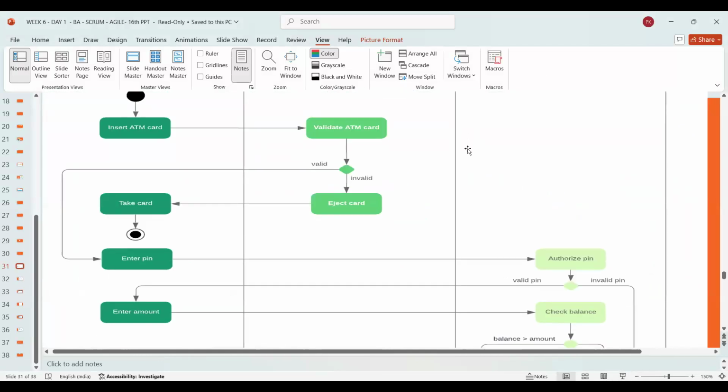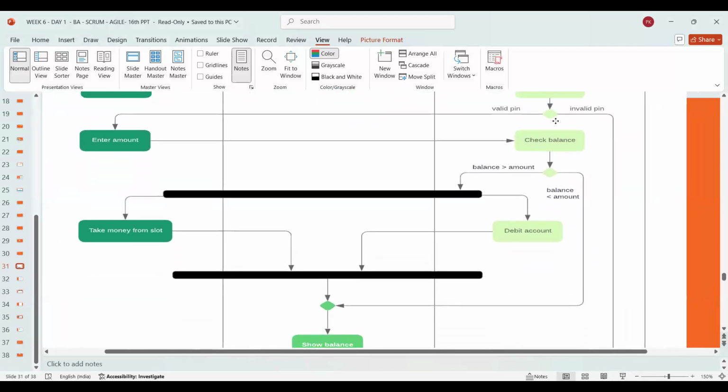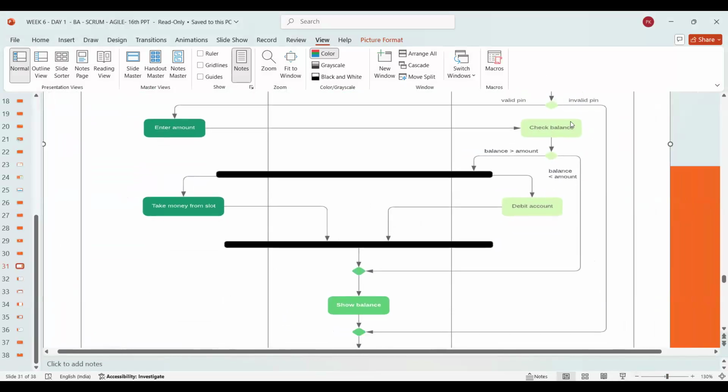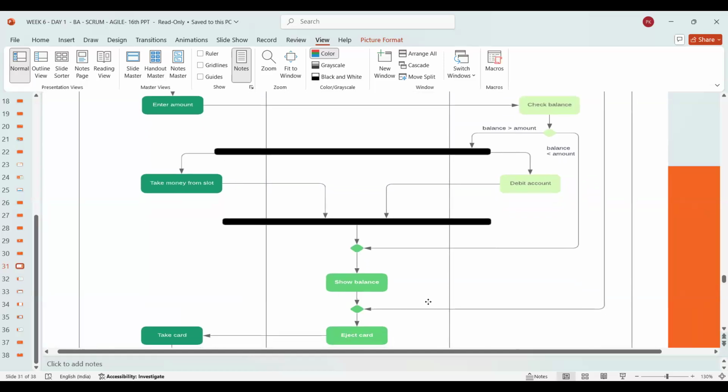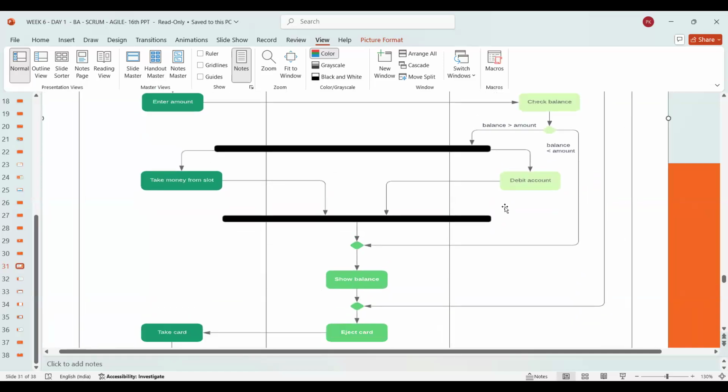So in this scenario, if our PIN is invalid, can you see this control flow? We are directly thrown out of the system, or redirected to eject card and take the card, and that would be the end of it.